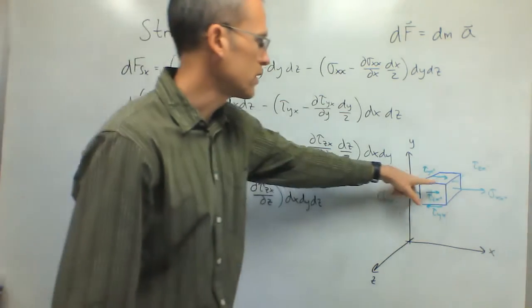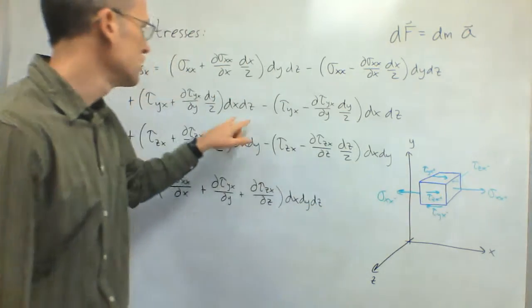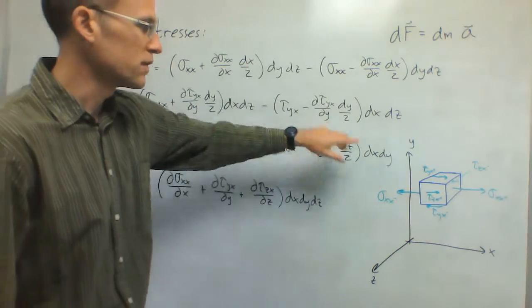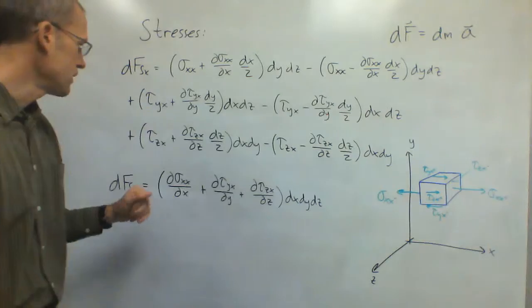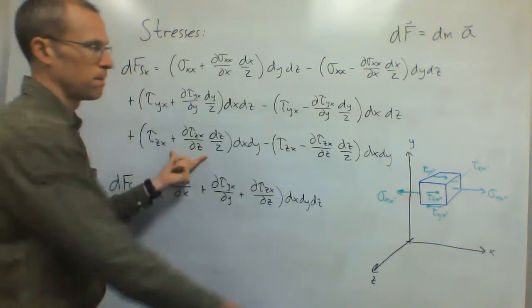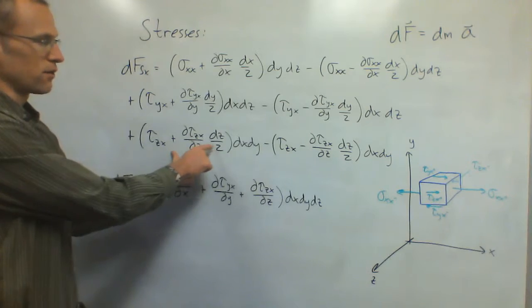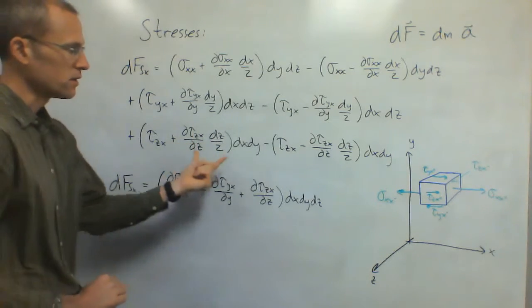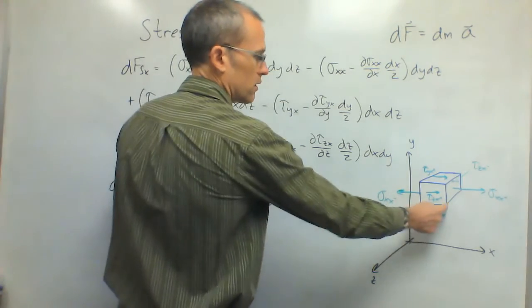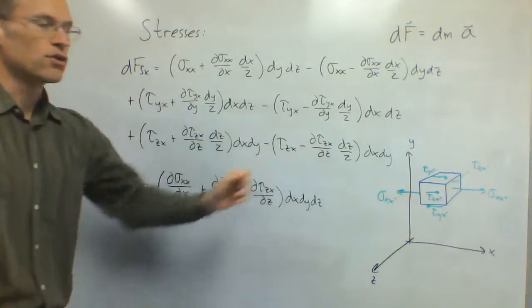The area on top is dx times dz. The bottom surface is again very similar. And then on the front surface, tau zx plus, I move in the positive z by dz over 2 to get there, Taylor series it, area here dx dy, and same for the backside.